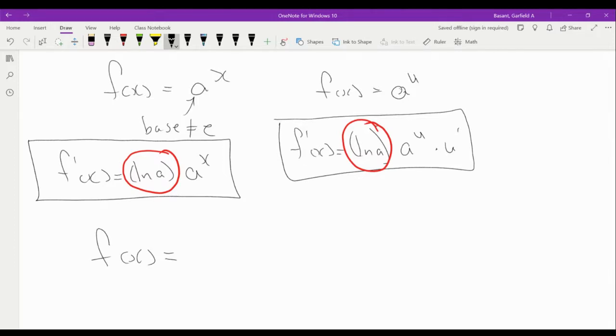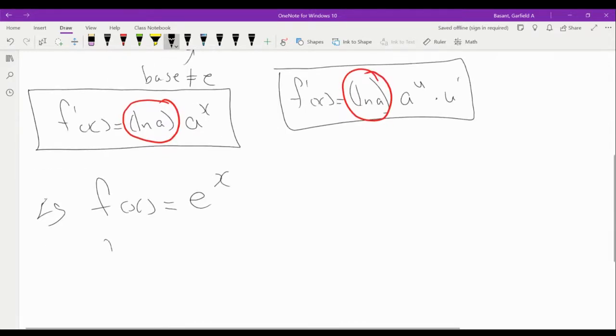So if we have f of x is equal to e to the x, what is our answer for the derivative of this? e to the x, still e to the x. Now, this is problem number 1 in MyMathLab. It says f of x is equal to 4 to the x. Now, is our base e?